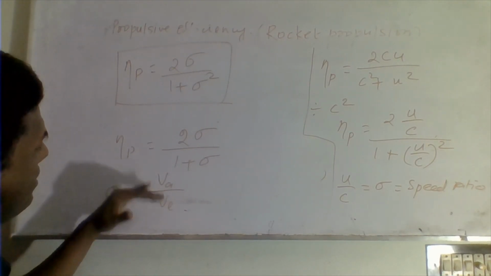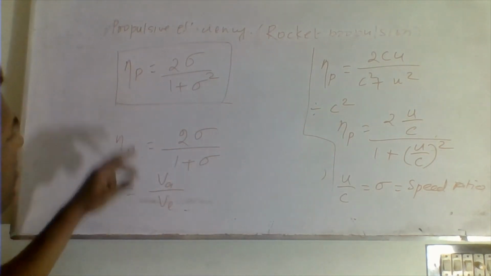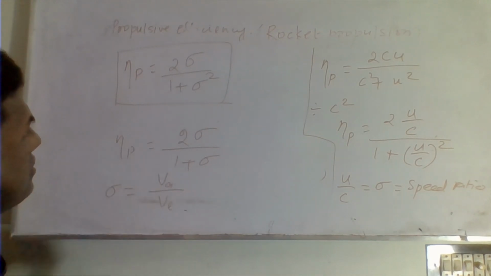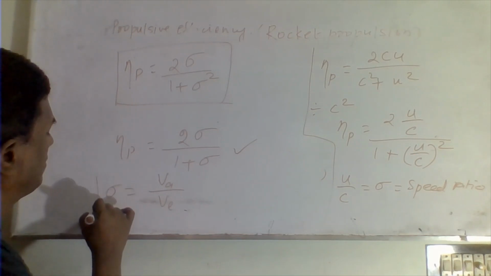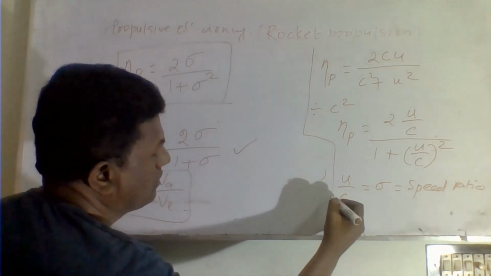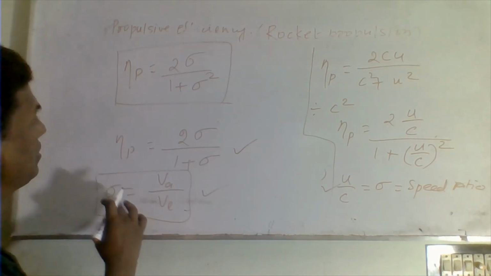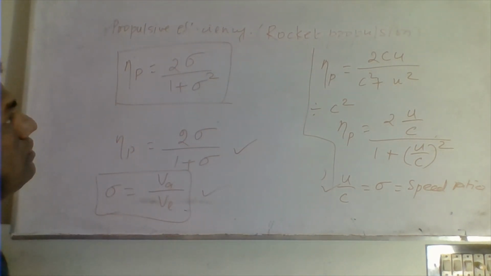You must understand the difference between this component and this component, and how the speed ratio varies. This is the speed ratio for rocket propulsion, and this is the speed ratio for jet propulsion.